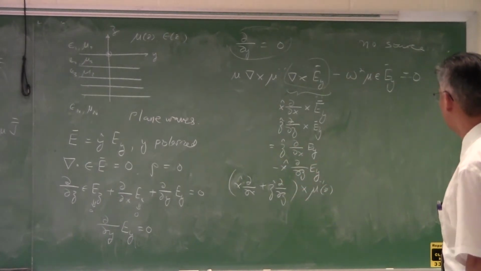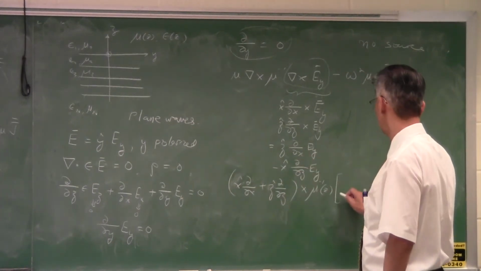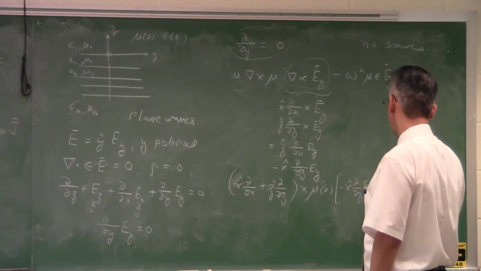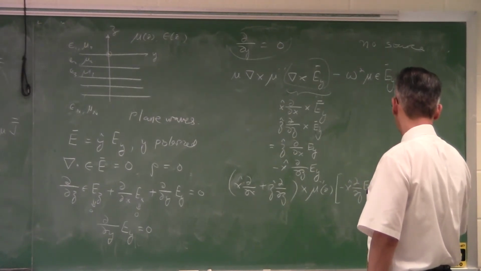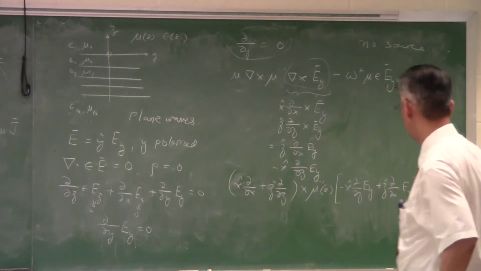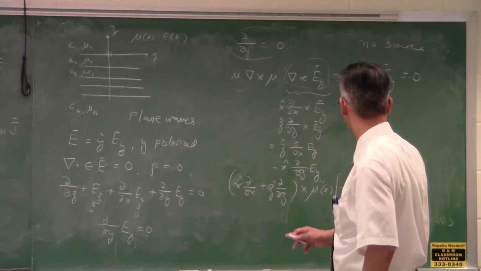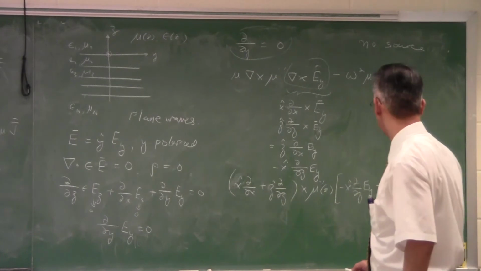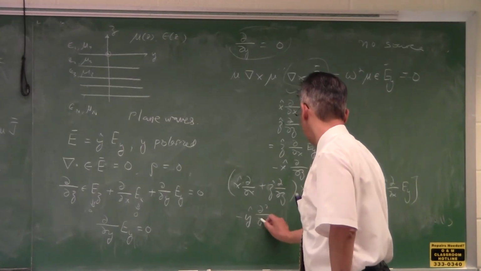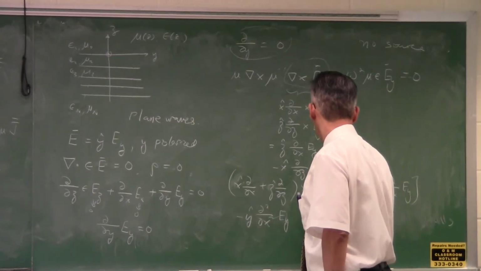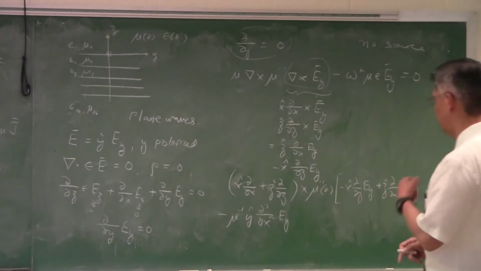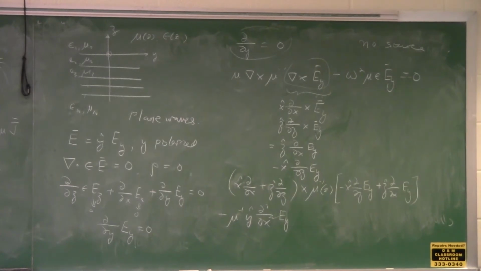If I plug in these two terms, which are minus x partial z Ey plus z partial x Ey, I can figure things out. x cross x gives me 0. x cross z gives me minus y. So minus y partial x squared Ey. There's a mu inverse here, but it doesn't matter. I can put this mu inverse outside because it does not depend on x.